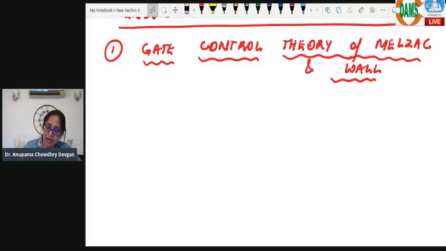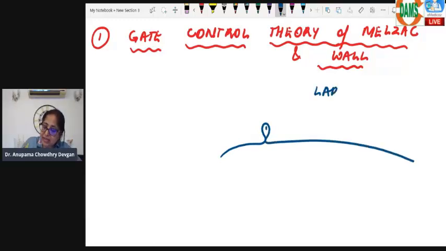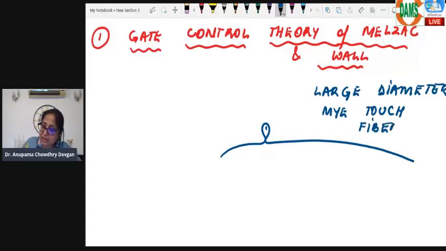Now, if you look at this, when you lightly rub that area, you stimulate the large diameter myelinated touch fibers. And which are these? This is A beta.